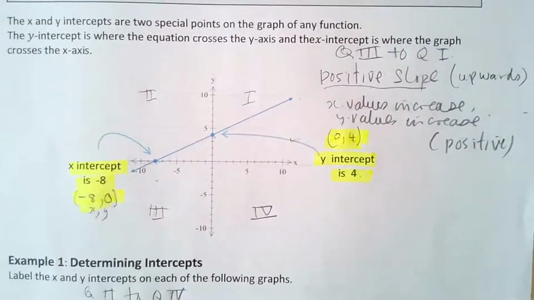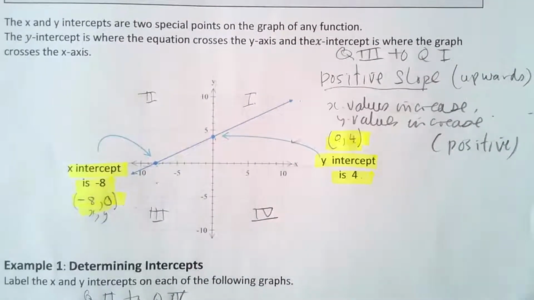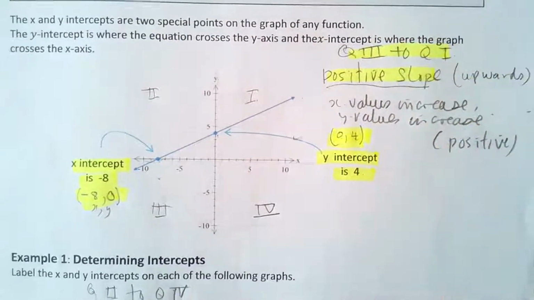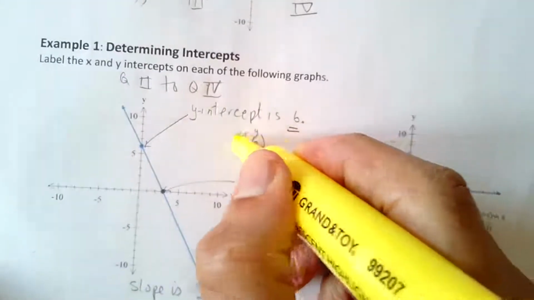And we also indicate this is the positive slope. This is going upwards, quadrant 3 to quadrant 1. And so we have the y-intercept here.